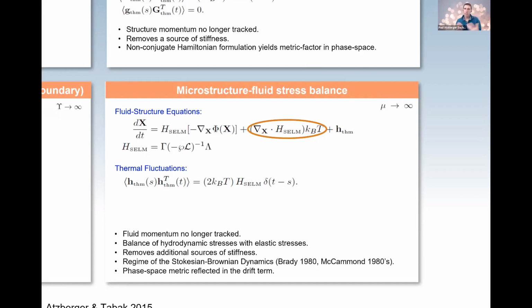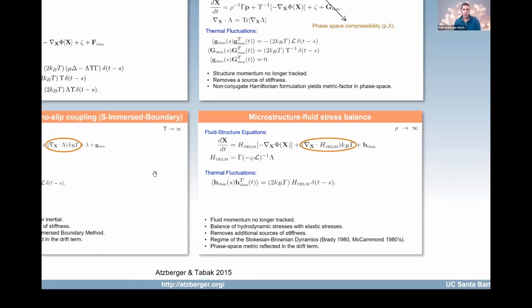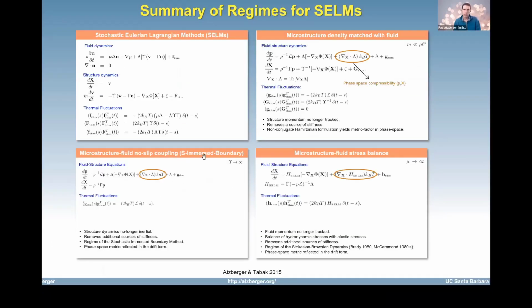And so I thought that was kind of maybe an interesting thing to point out of how these techniques relate some of these different approaches in CFD. So anyway, you can go to look at our paper for details of how we've derived each of these regimes. And we'll mainly be talking about this regime here, which is where we've reduced the inertial, we've eliminated the momentum for the microstructures.